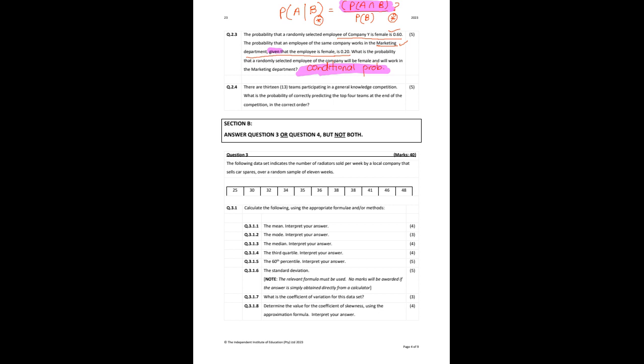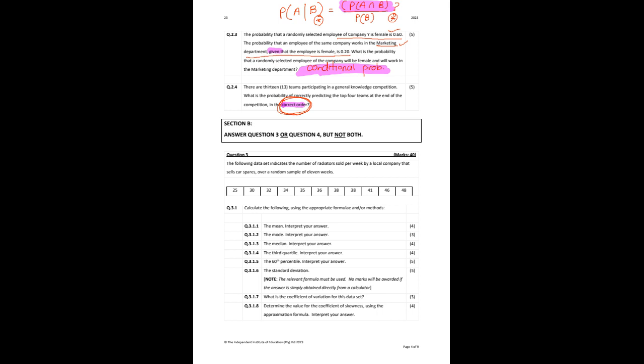And then the last one here is saying to you that there are 13 teams participating in a general knowledge competition. What is the probability of correctly predicting the top 4 teams at the end of the competition in the correct order? So naturally here, it is a counting rule. You need to identify which of the counting rules you are looking at when they are placed in the correct order. Once you have identified that, it's either a combination rule or a permutation rule.